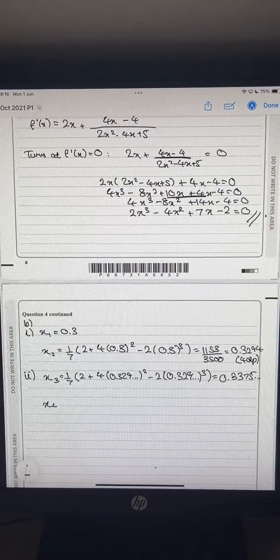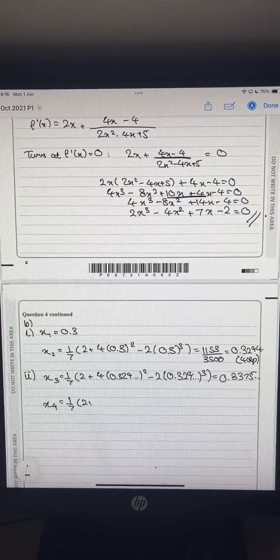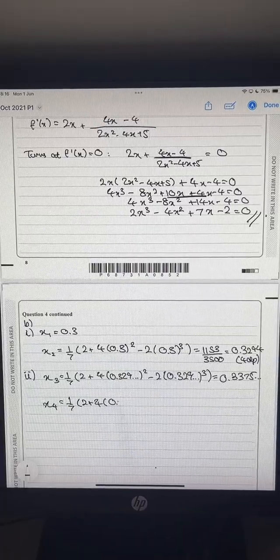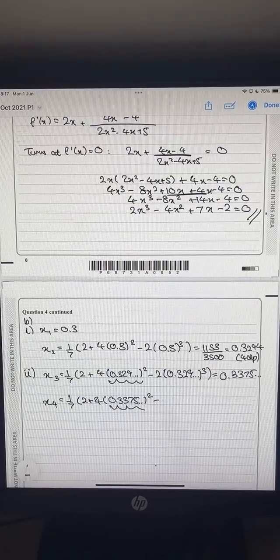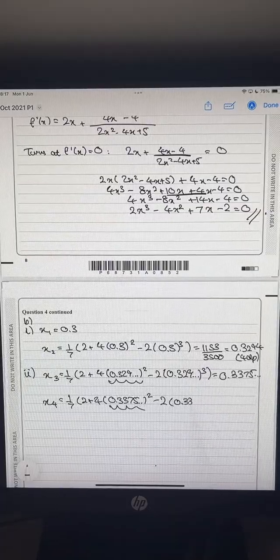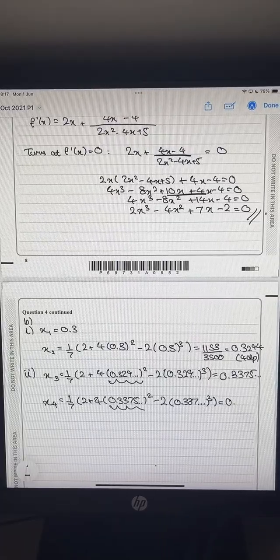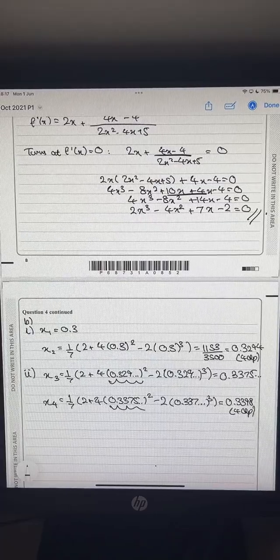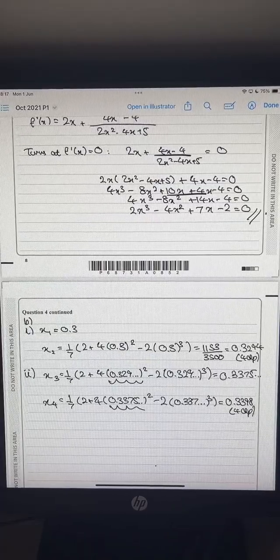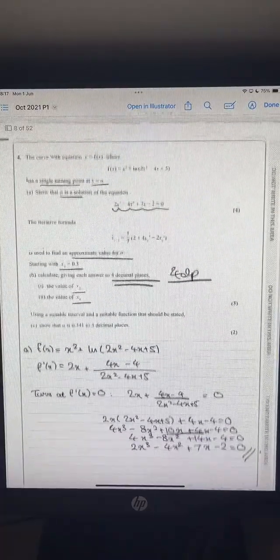They want x4. So then I just do this one more time iteratively. In my calculator, I would put Ans in place of these values here, so I don't need to keep writing out the full thing. Minus 2 times 0.337... cubed equals, and then for my x4, I get 0.3398 to 4 decimal places. And that is my answer to part B, 1 and 2.